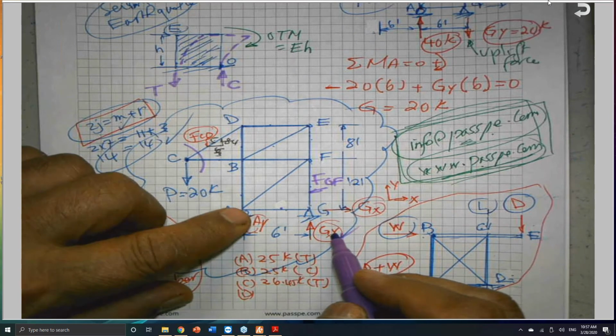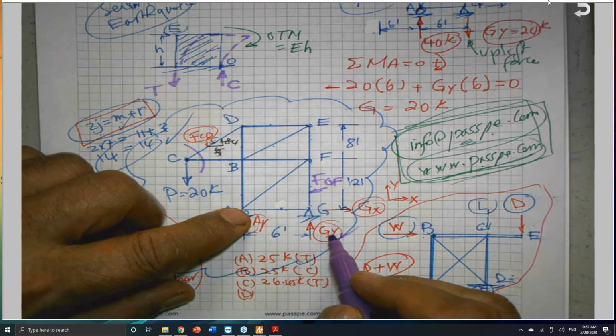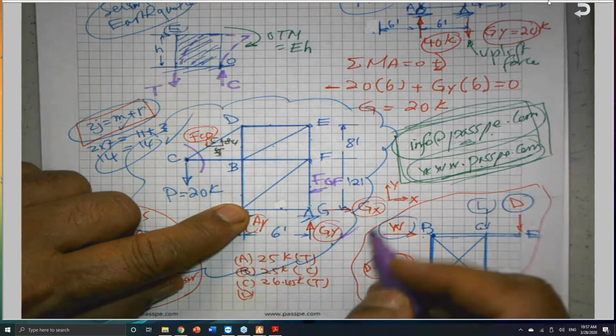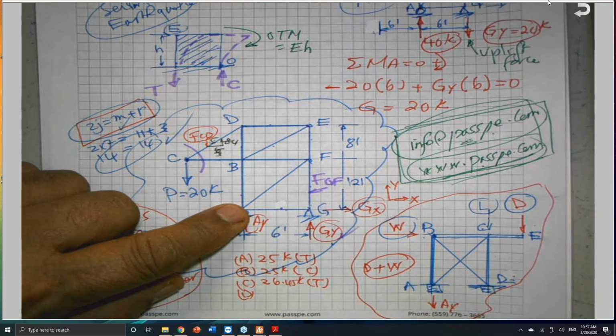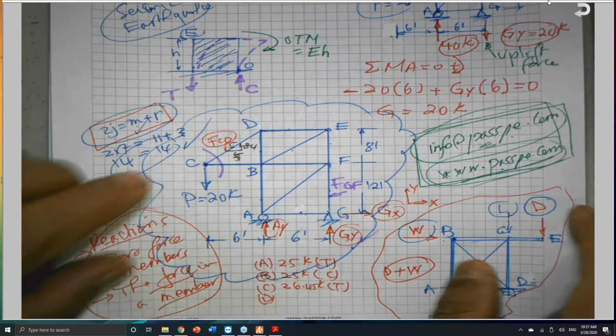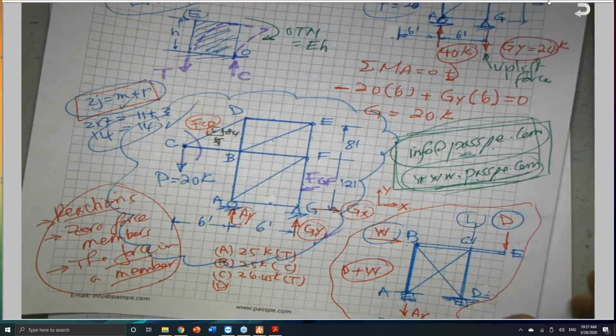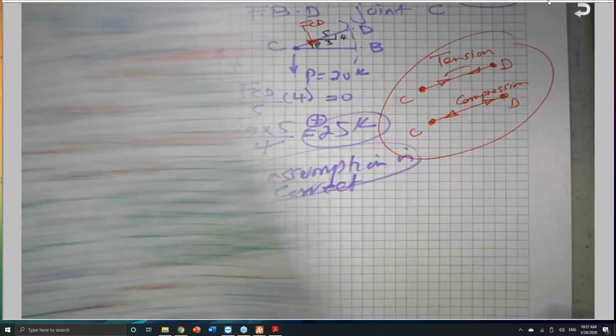That means I can find the reaction first, G sub Y, by summing moments here, and the force along this member is equal to the force that I'm going to get from the reaction here. So I need you to be aware of these two questions, and when you receive my notes, go over them again. Okay. Next question is the zero force members.